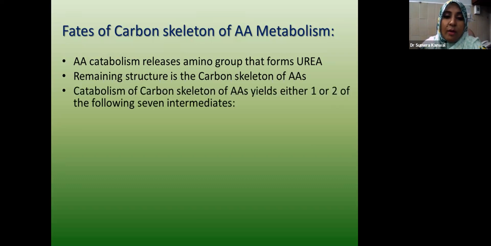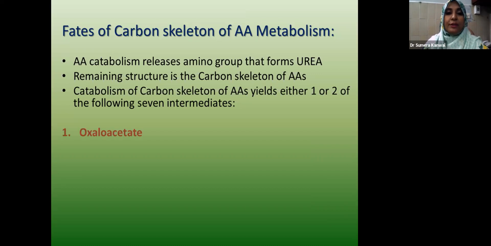The catabolism of carbon skeleton of amino acids gives one or two of the following intermediates. There are a total of 7 intermediates that are coming from the catabolism of the amino acids. These carbon skeletons are also involved in the metabolic pathways of other biomolecules. They are not only associated with the amino acids.